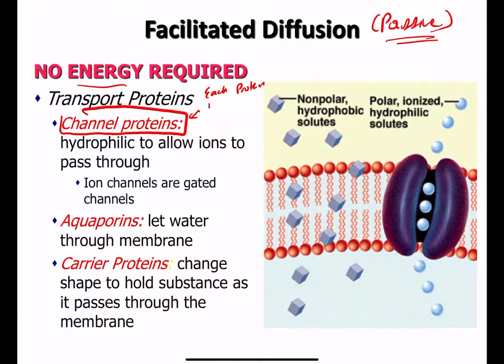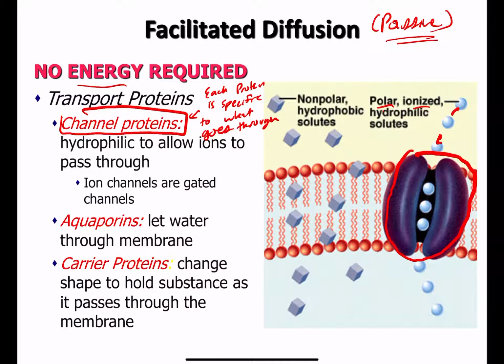So each protein is specific to what goes through. And so basically what we're saying here is, let's say this is a specific polar molecule, it's going to require this specific channel protein that's allowing it to go down its concentration gradient, right?